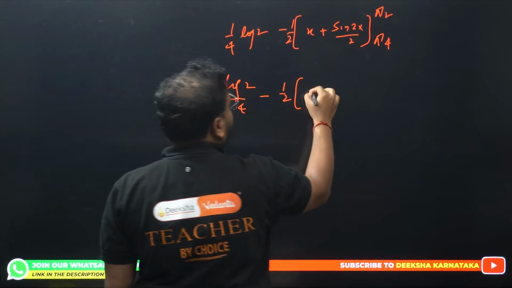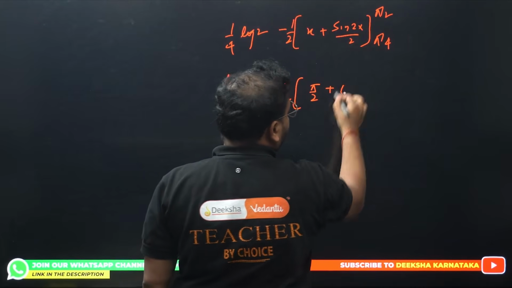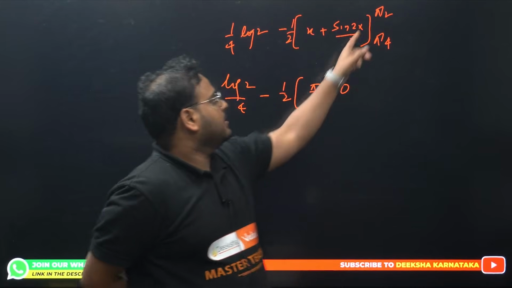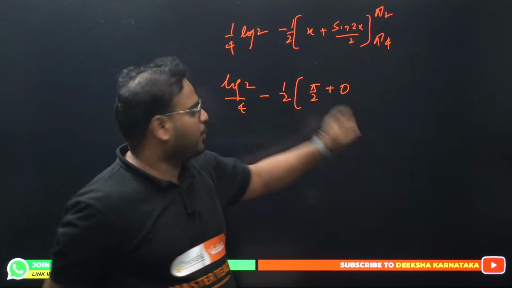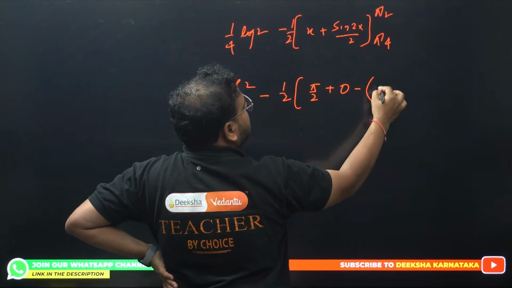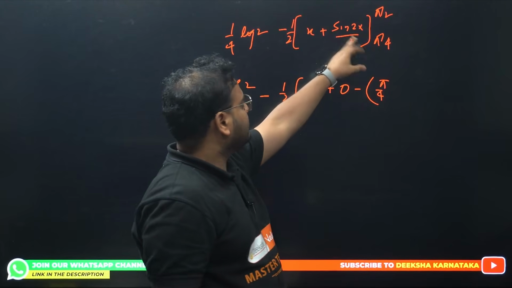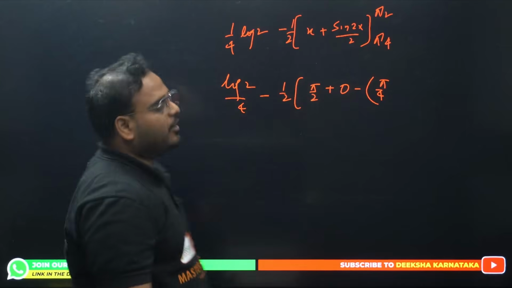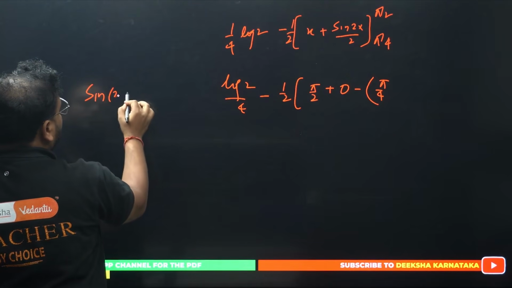If you put here, you get pi by 2 upper limit plus sine of pi by 2 by 2 will become 0, right? Please check. Sine 2 times of pi by 2 will be simply pi. Sine pi is 0. That part is gone. Minus lower limit now. Pi by 4 will become what? Simply pi by 4. And this time we'll be having what? Sine of 2 times of pi by 4.